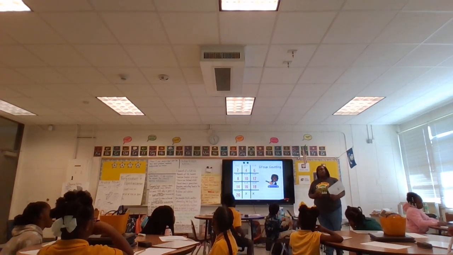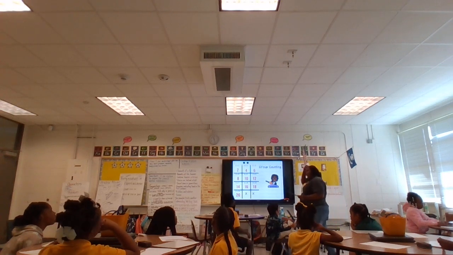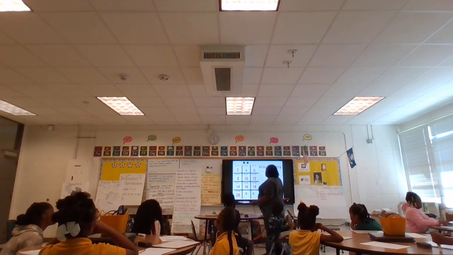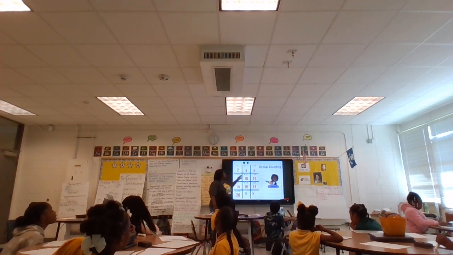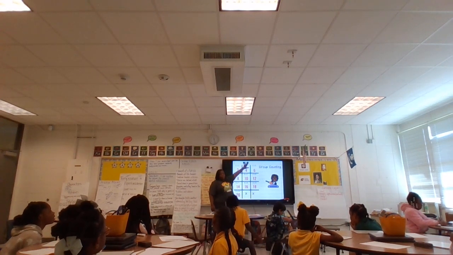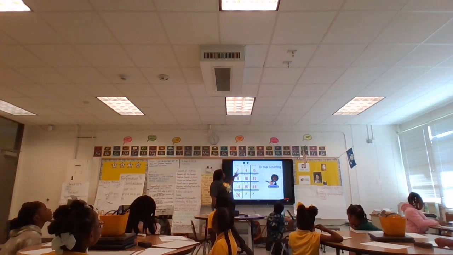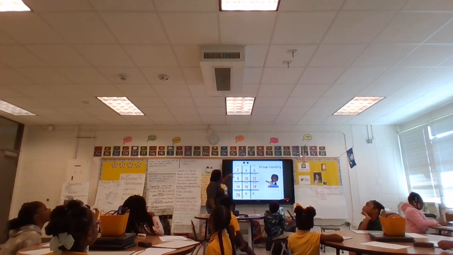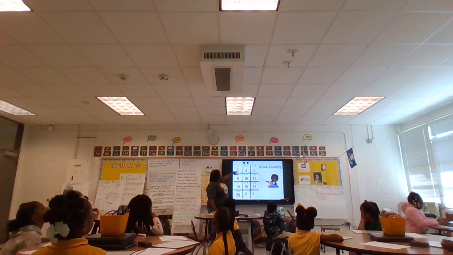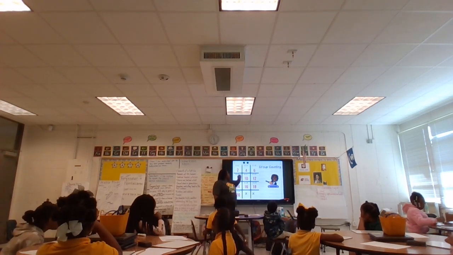For homework one time I gave y'all the tic-tac-toe chart. If you remember, when you count by twos, the dots at the top represent what you're counting by, okay? So if you had twos, it'd be 1, 2, and you write the 2. 2 times 1 equals what? 2. 2 times 4. 4. 2 times 3. 6.